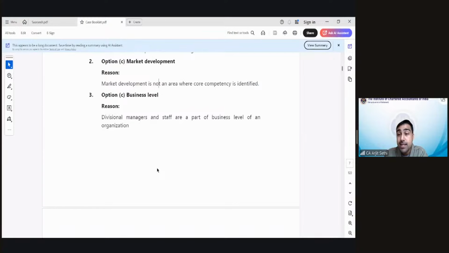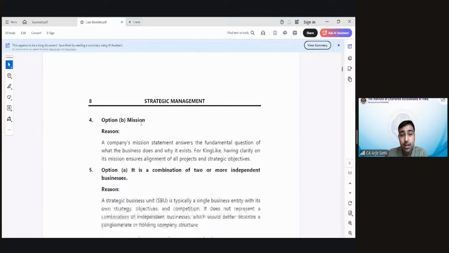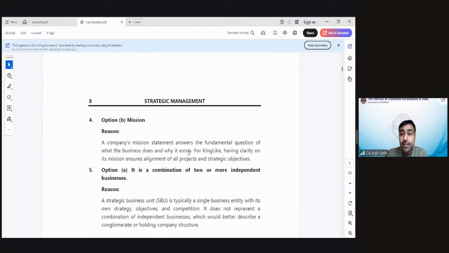Question 3 is business level. Divisional managers and staff are part of the business level of the organization. That is what I'm saying. They are at the business level. Okay? Clear, simple question. Question 4 was the mission statement. What we do, what business we are in, is a mission statement.